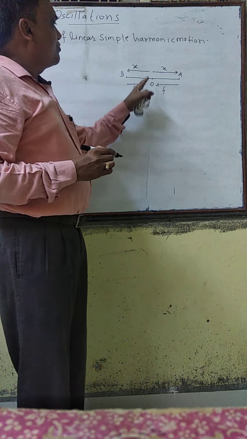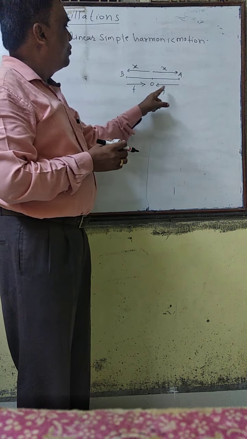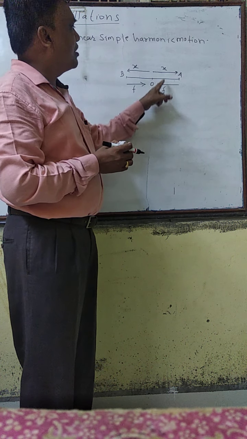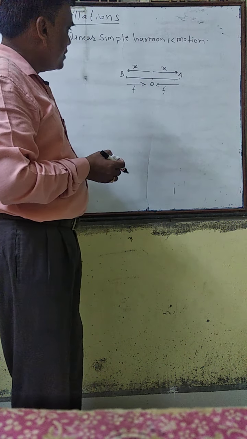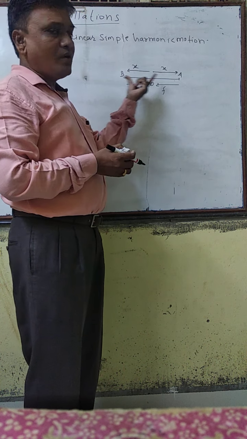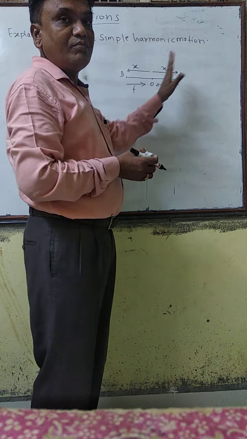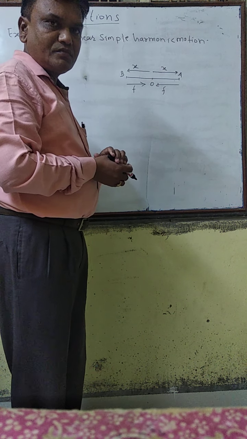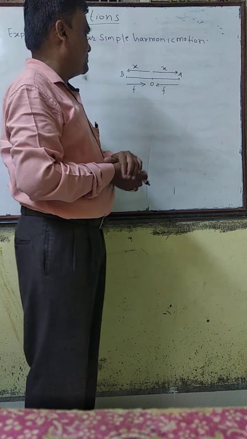From this figure it is clear that force and displacement are oppositely directed. So the particle performs oscillatory motion, and this oscillatory motion is a linear simple harmonic motion.